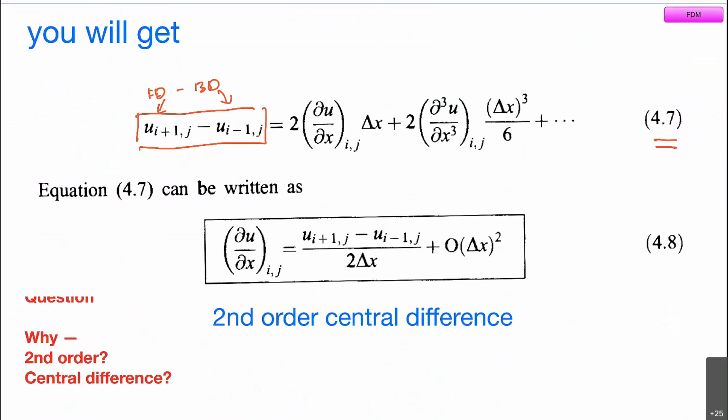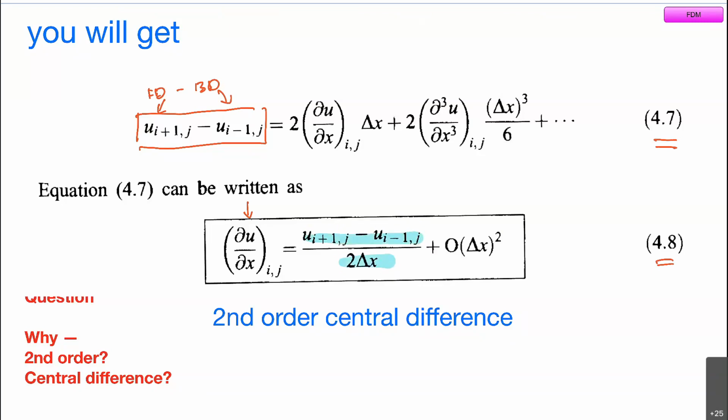When you rearrange everything in terms of du/dx, you get equation 4.8: (u_i+1,j minus u_i-1,j) divided by 2 delta x. The first one is plus, the second is minus.